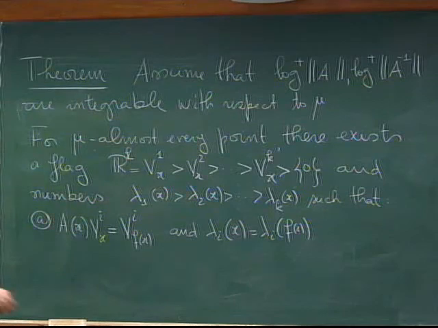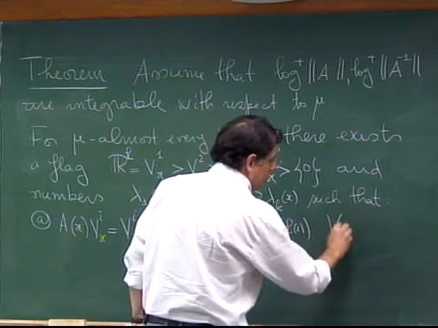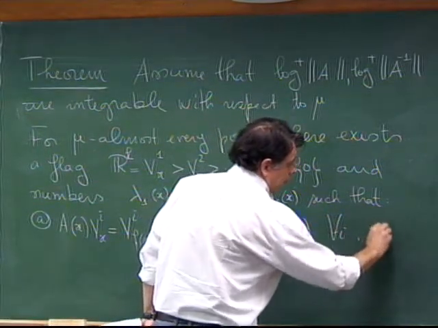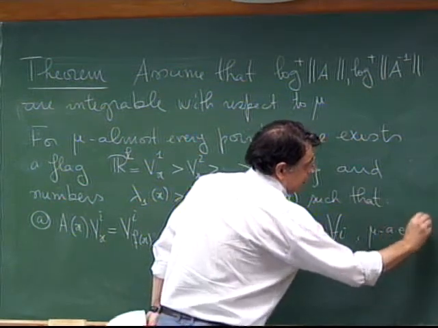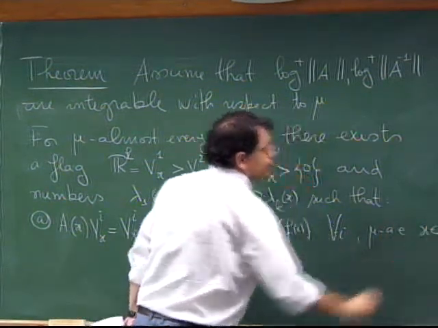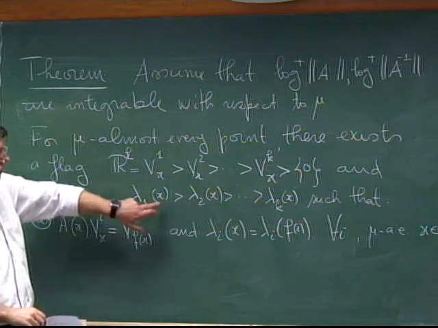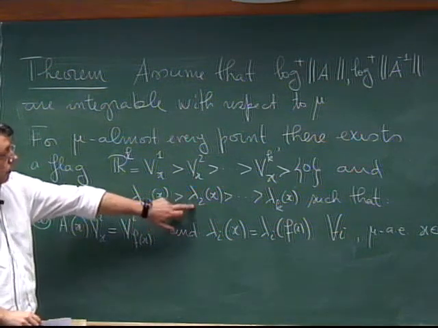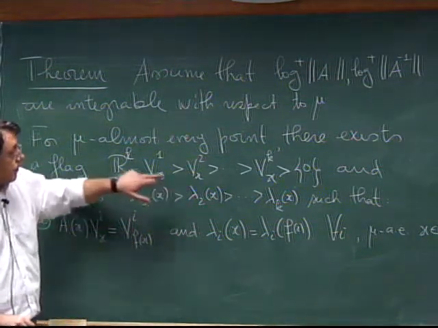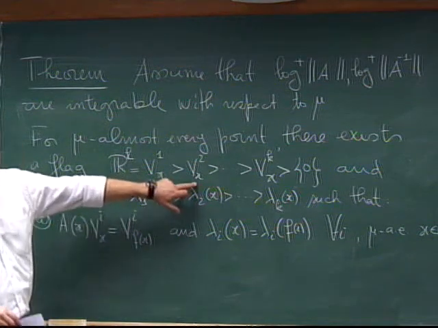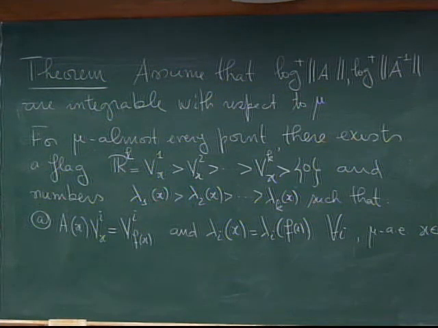This is for every i, and mu almost every x. Okay? So please be careful. These are real numbers, and this means bigger than, and these are vector subspaces, and this means that this contains this, strictly. Using the same symbol.